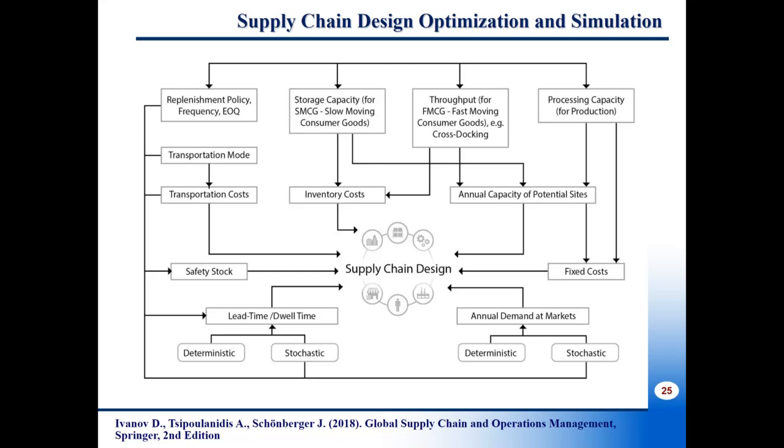The solution of supply chain design needs support from optimization and simulation tools, which can be deterministic but maybe not so realistic, or stochastic but also more complicated to find an optimal solution. Those are the challenges in supply chain design.